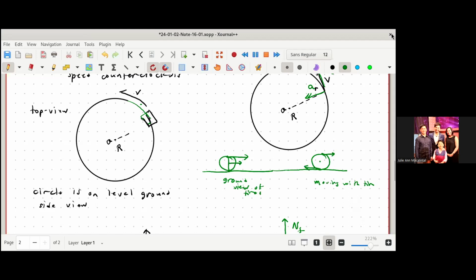But this is what we see if we move along with the tire. From the ground, this is what we will see, because you need to use addition of velocities. This is the reference frame, the second reference frame, the first reference frame: ground frame, moving frame.